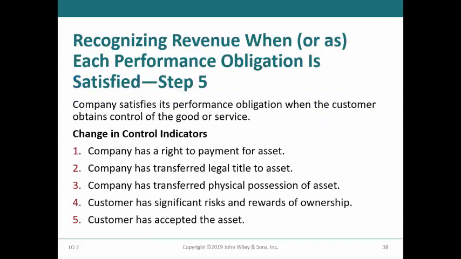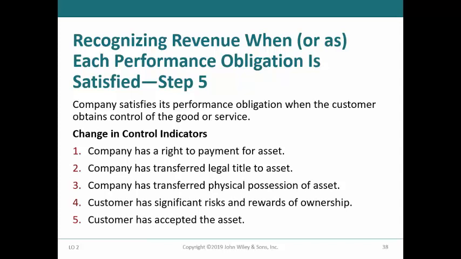In the Handler example, the revenue on the equipment was not recognized until the installation was complete and the customer accepted it. It is important that revenue not be recognized until the customer obtains control of the goods or services. There are indications of when control is obtained.